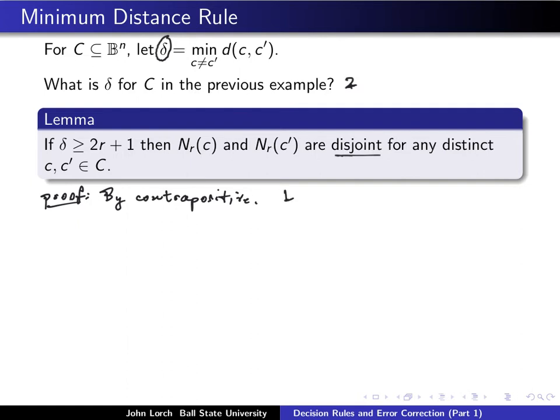So we're going to let x be a string that is in the intersection of these two neighborhoods. We're assuming now that they do have something in common.